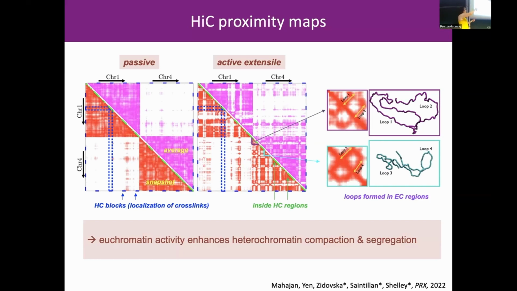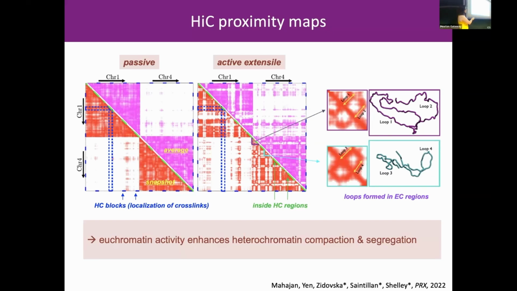These are large scale loops that transiently exist and then dissipate and reform over time somewhere else. So definitely we see the presence of loops only in the case of active forces present in the system.